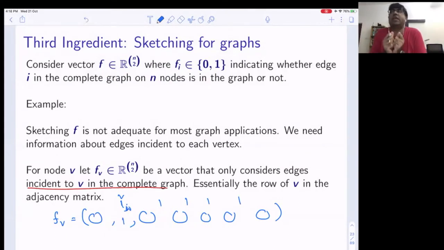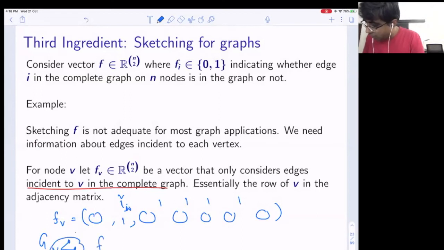Or think of it this way: look at a graph G, look at a vertex V, and look at all the edges incident to it. Let's call this graph GV. Think of F of GV as your vector. Essentially it is the row of V in the adjacency matrix.